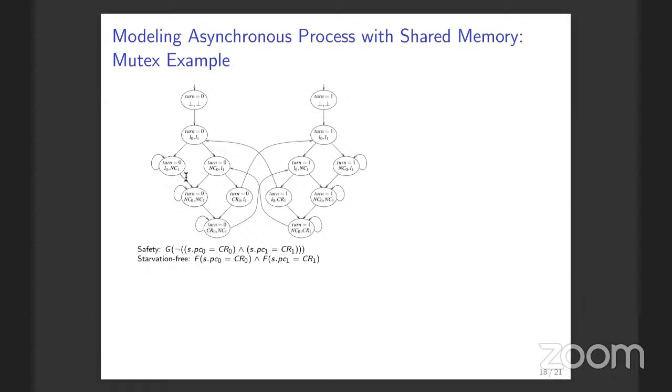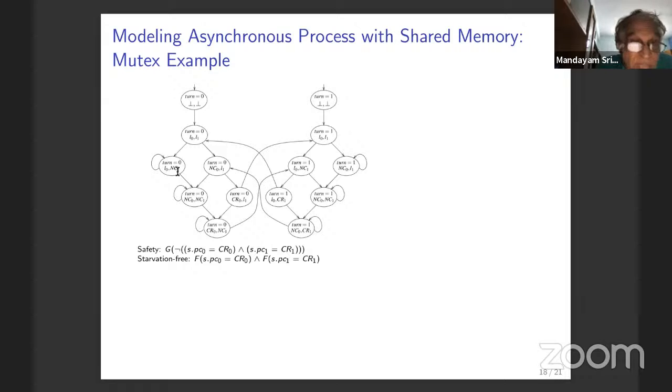Correct. Process 1 needs to wait, I understand. But from here, since turn is equal to 0, only process 0 can advance.